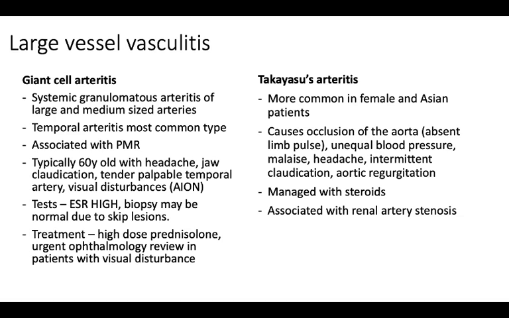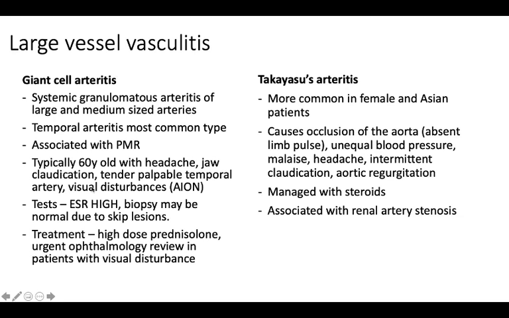They might also have visual disturbances. Because the temporal artery gives out a branch which supplies a part of the eye, disturbances of this artery can lead to vision loss, which is the most severe complication of giant cell arteritis.